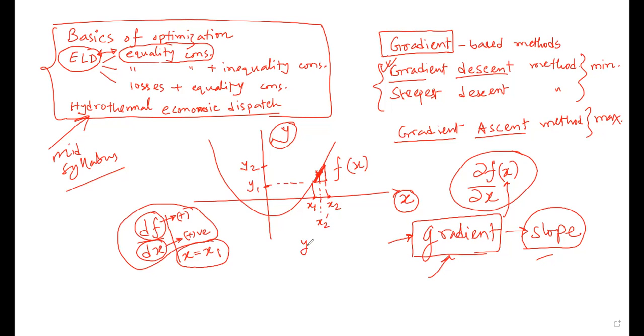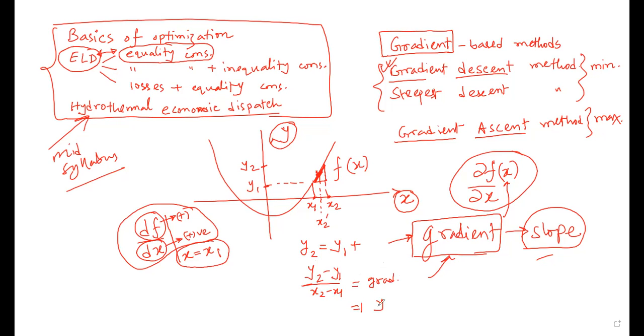I mean, how do you write y2 is y1 plus what? With the help of the gradient. Anyone? Yeah, in that manner we can write y2 minus y1 divided by x2 minus x1 is equal to the slope, the gradient.